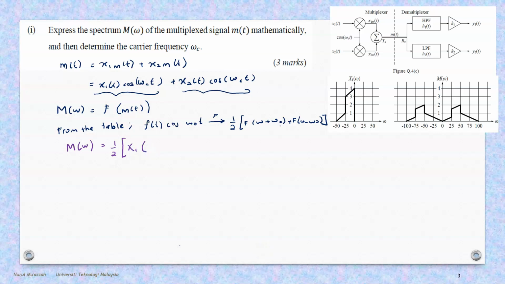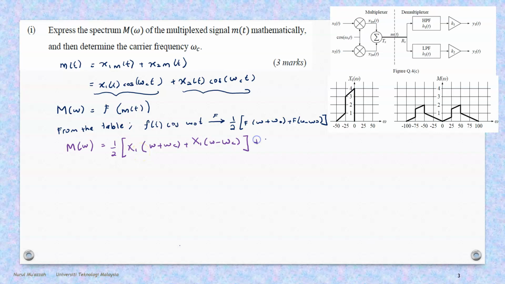Omega naught now is actually omega c. So X1(omega plus omega c) plus X1(omega minus omega c). This is the first part, the M(omega) X1 part, which has been modulated.